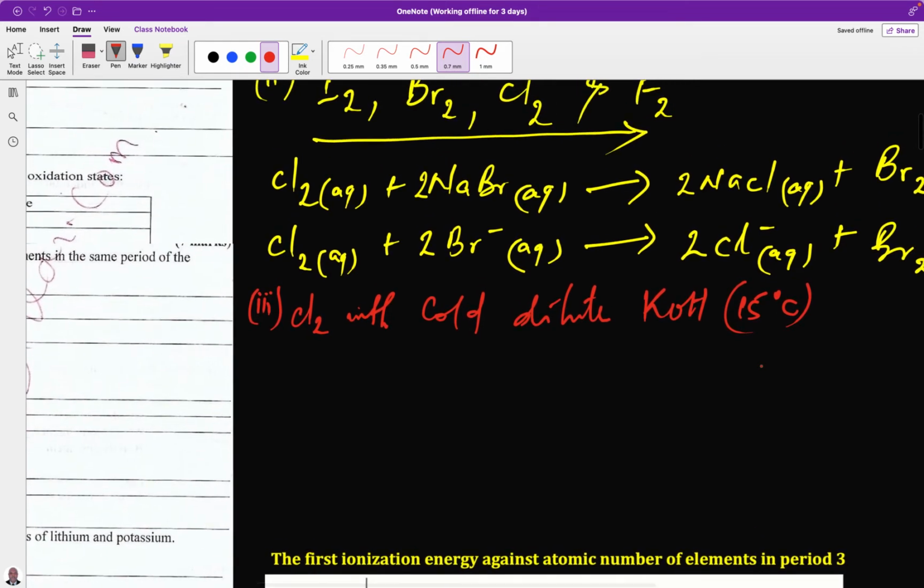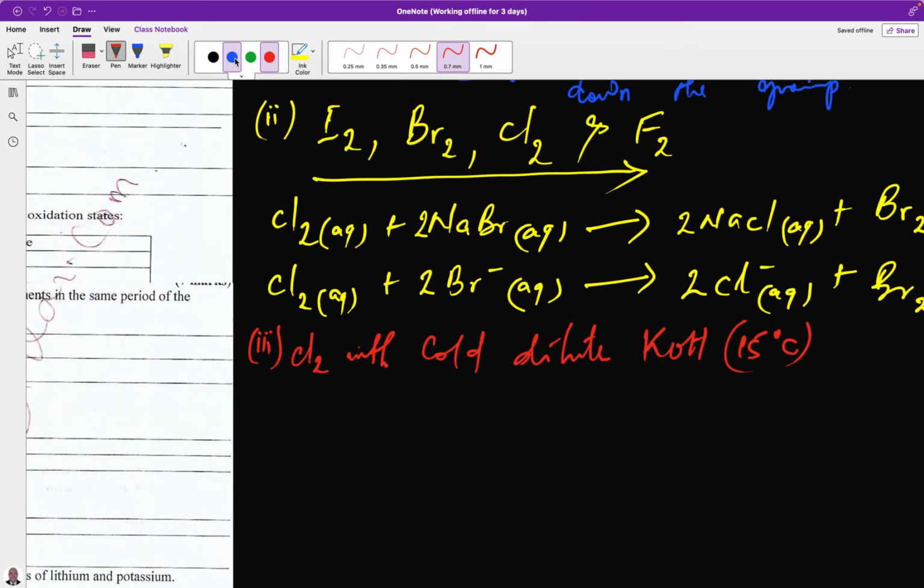In this reaction, what we are going to observe is it is going to form, in aqueous condition, a salt.